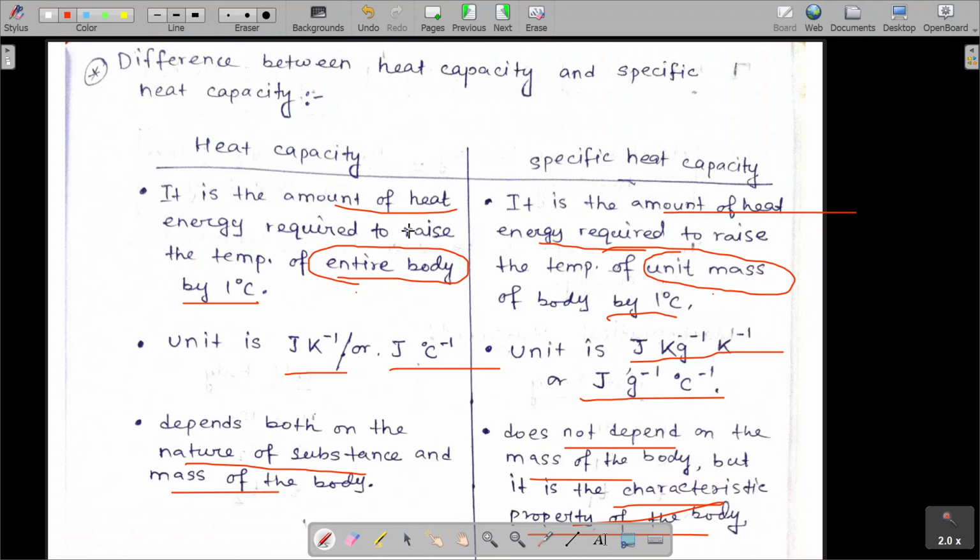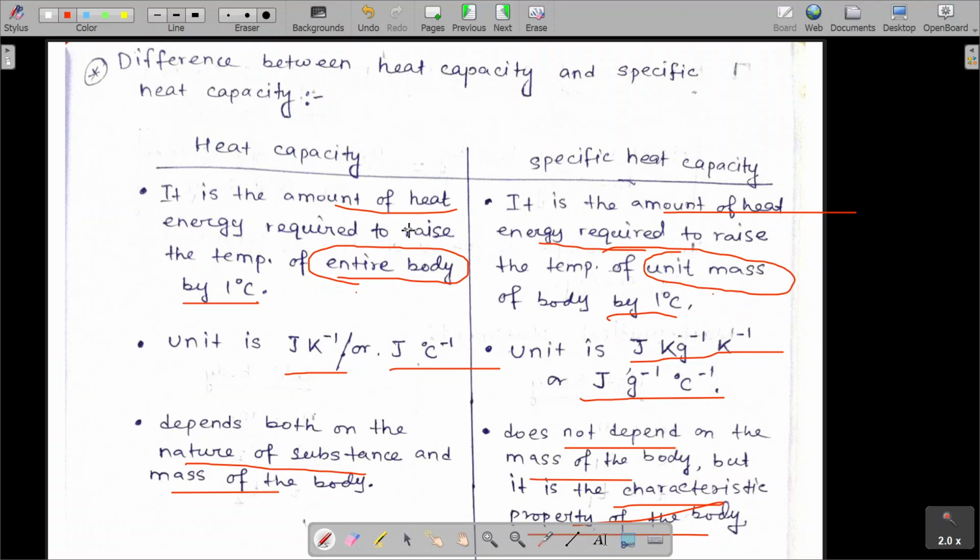Suppose I have a copper wire, a copper vessel, and a copper container. The specific heat capacity of all three will be the same because they are made of the same material, copper. So the specific heat capacity of the three will be equal.